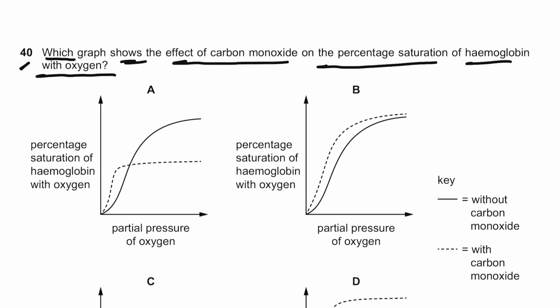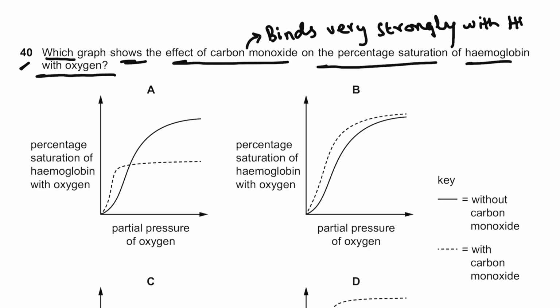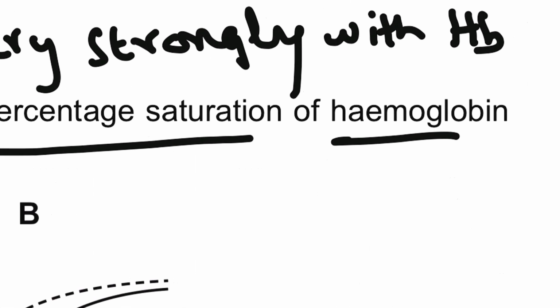Obviously, as you all know, carbon monoxide binds very strongly with hemoglobin. So what happens? It prevents binding of oxygen. When carbon monoxide binds very strongly with hemoglobin, it prevents the binding of oxygen to the hemoglobin.